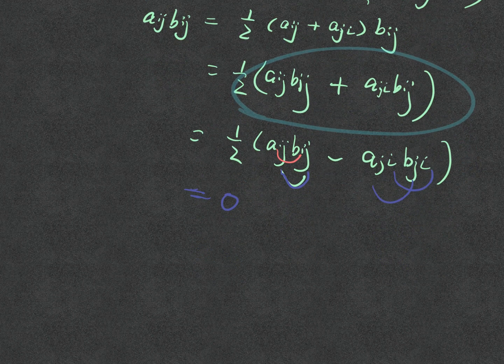This would explain why we would have n dot a times n a equal to 0.